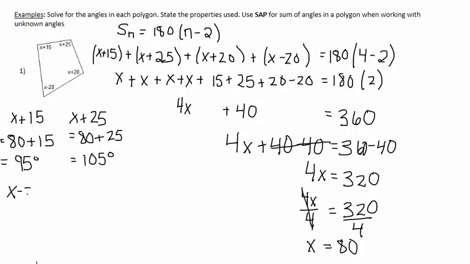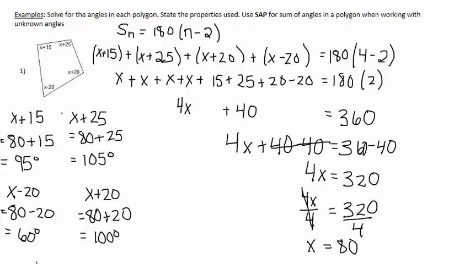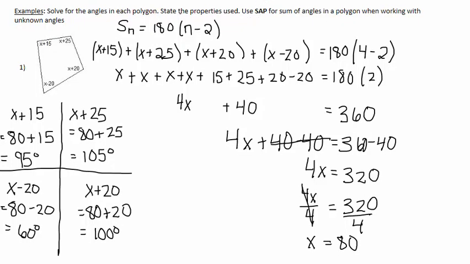And we have an x minus 20, which equals 60 degrees. And finally, x plus 20, 100 degrees. Our final step is to state the properties that we used. So the property that was used here was the sum of angles in a polygon. So we put SAP beside to tell our reader what property that we used.